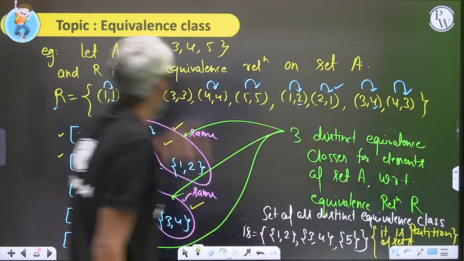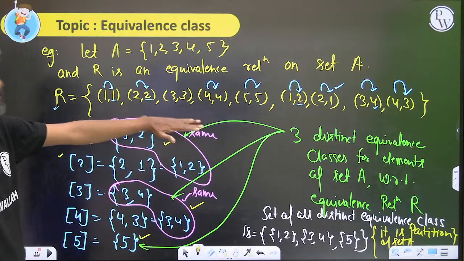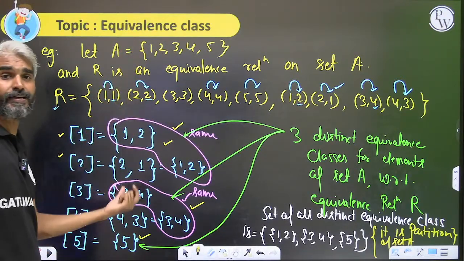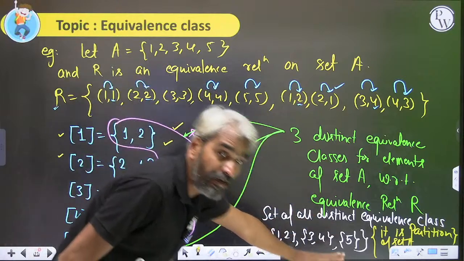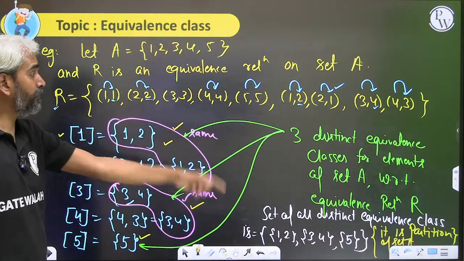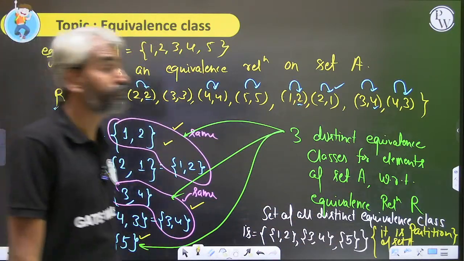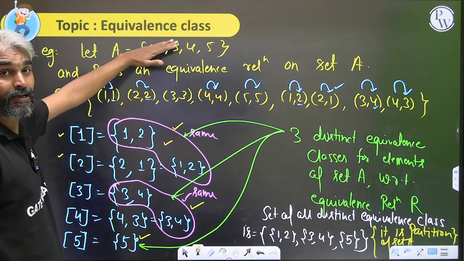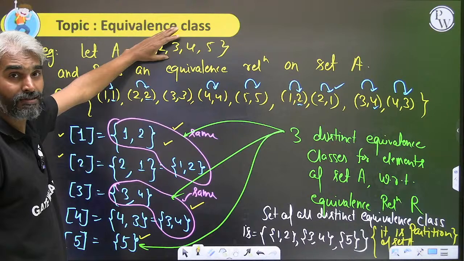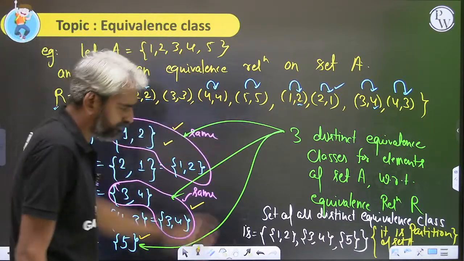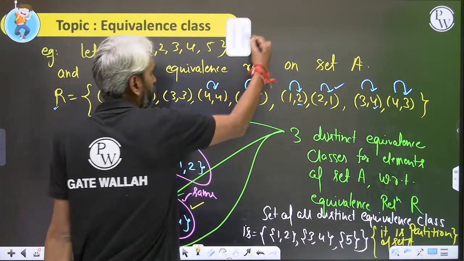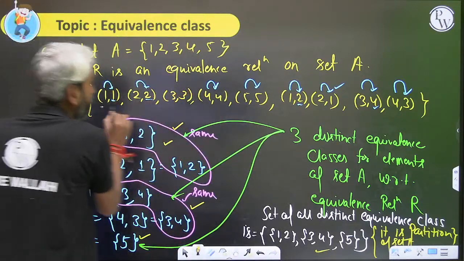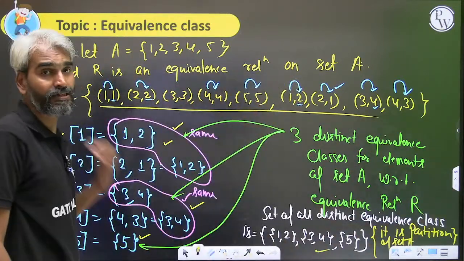So if you have a set and an equivalence relation on that set, then by determining the distinct equivalence classes of the elements of set A, you can create a partition of that set A with respect to the given equivalence relation. So you will have a unique partition of that set corresponding to the given equivalence relation.